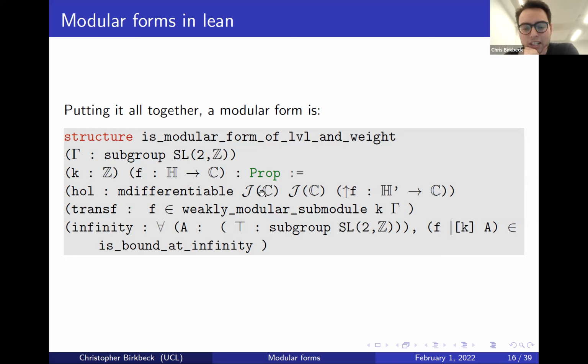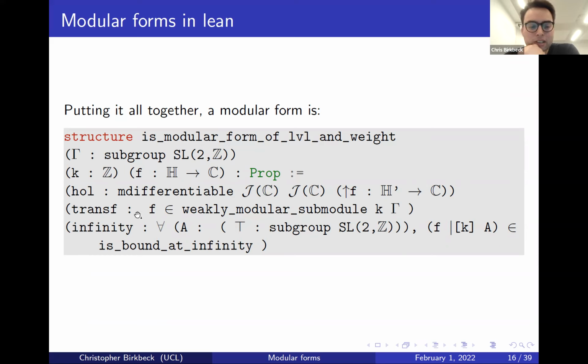The first J of C gives H prime the structure of a complex manifold, by inducing it from the structure of C as a complex manifold. And the same thing, this J of C gives the complex numbers the structure of a complex manifold. I think this stands for model with corners, but this isn't something to worry about. This is just differentiability between these two manifolds.